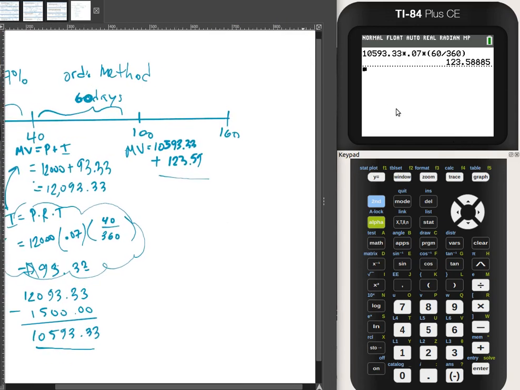This will be the one that goes 10,593.33 plus $123.59. Very good. The new value is going to be $10,716.92. That's how much you owe after the interest from day 40 up until day 100.